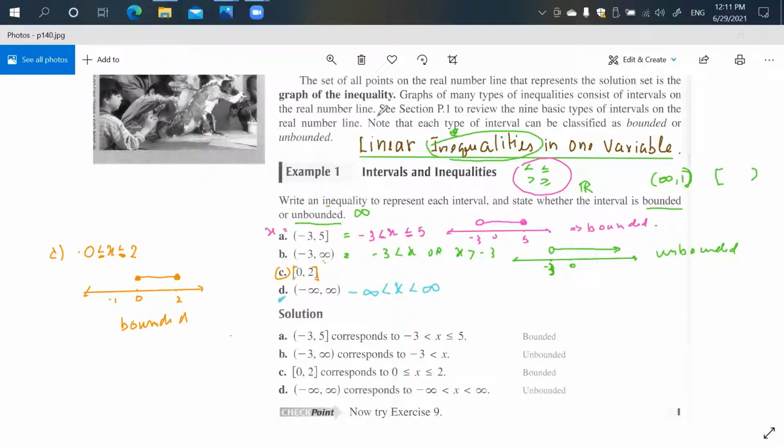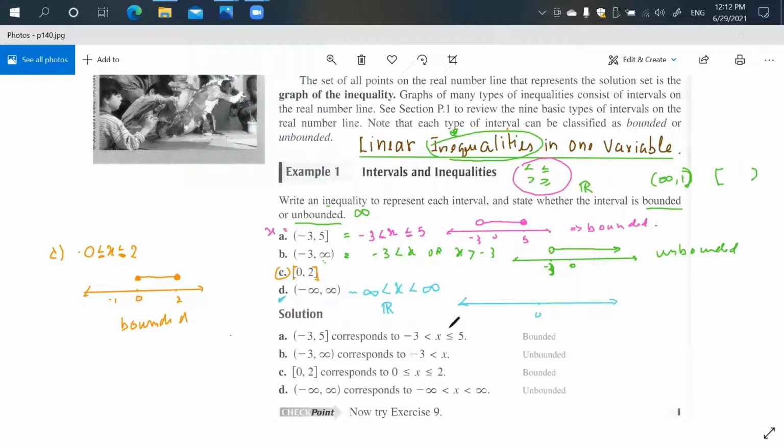And then when you plot the graph on the number line, every point, this one we can call the real numbers. In other words, real numbers, so it includes every point.